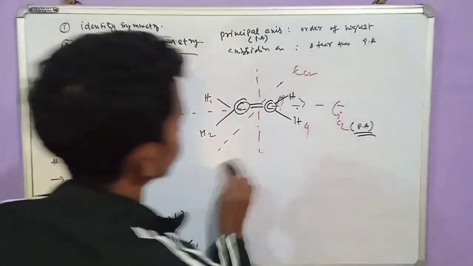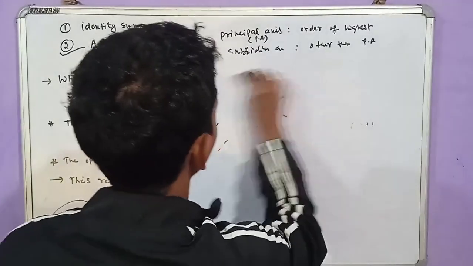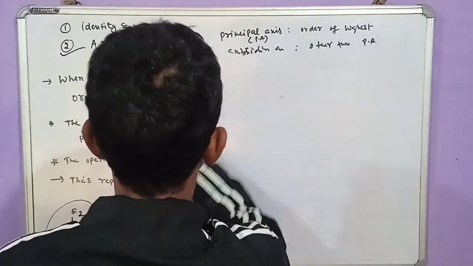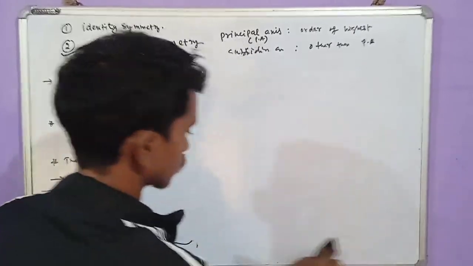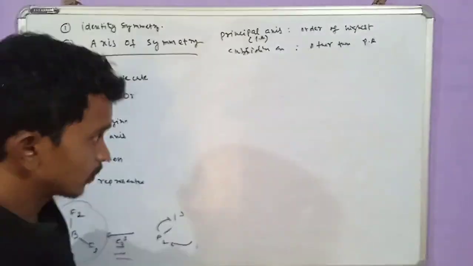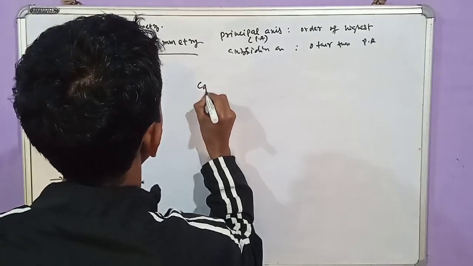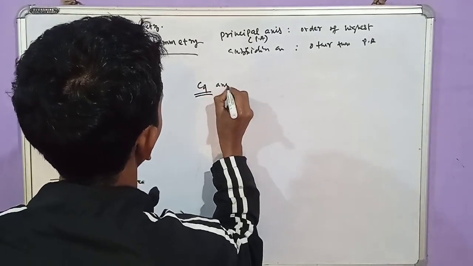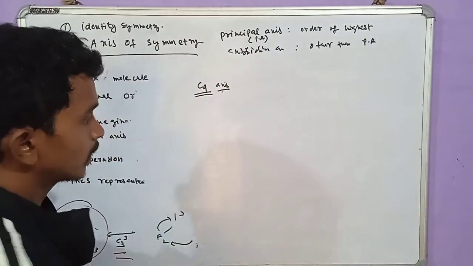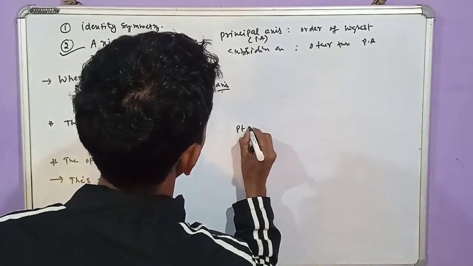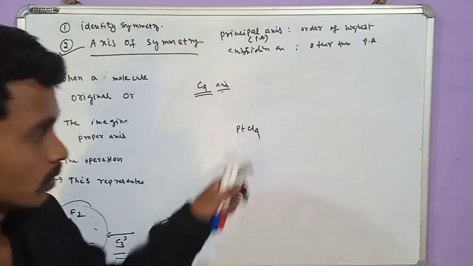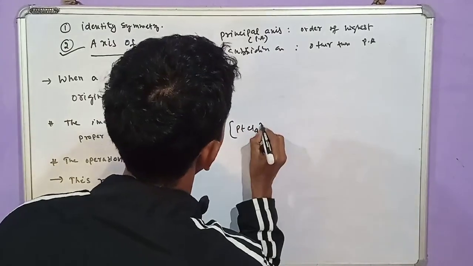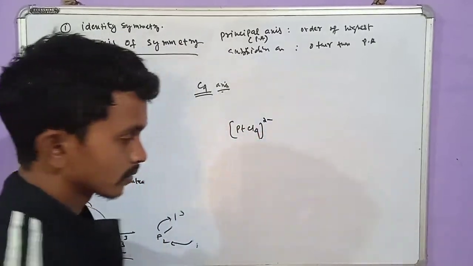Okay, so next we will discuss C4. The next example is the C4 axis, for that, say PtCl4 2 minus.